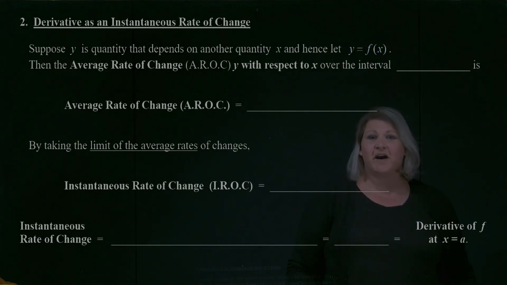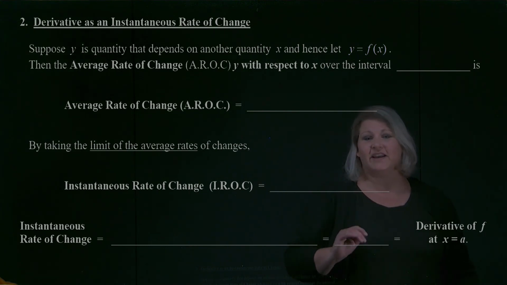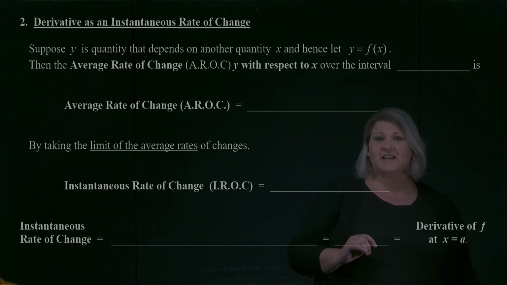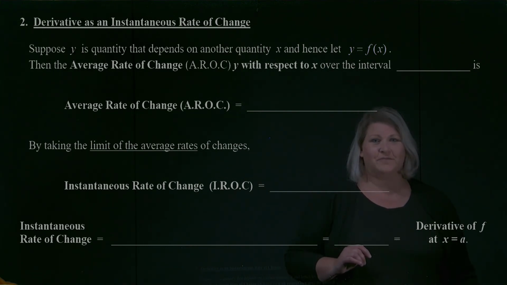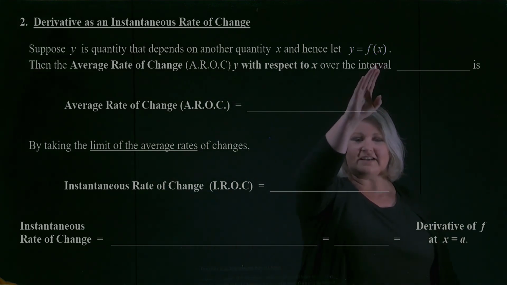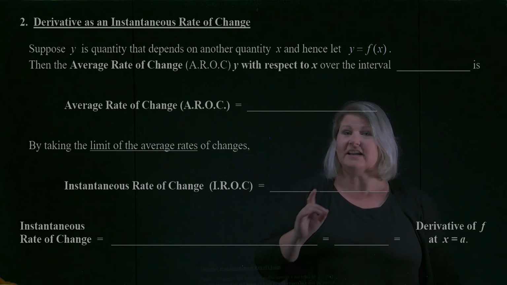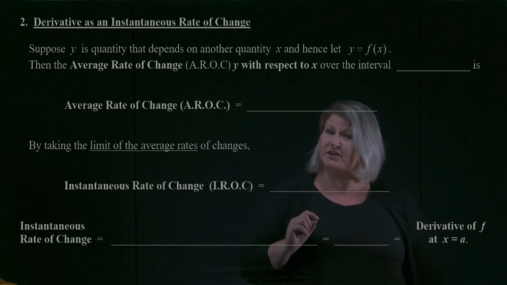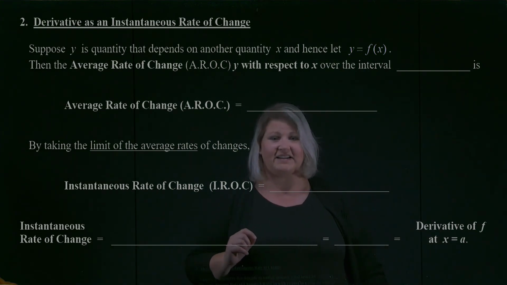For this second part, we're going to look at the derivative as an instantaneous rate of change. So suppose you have some function f of x, which is a quantity y, defined with respect to another quantity x.